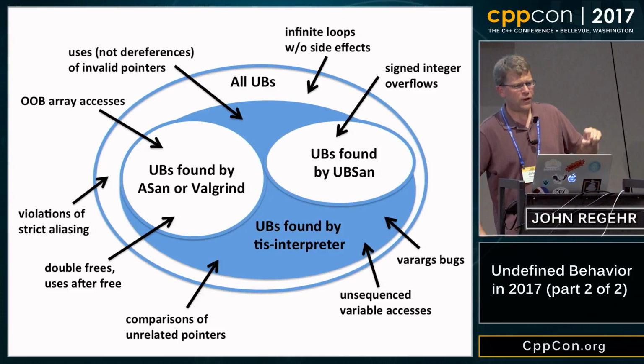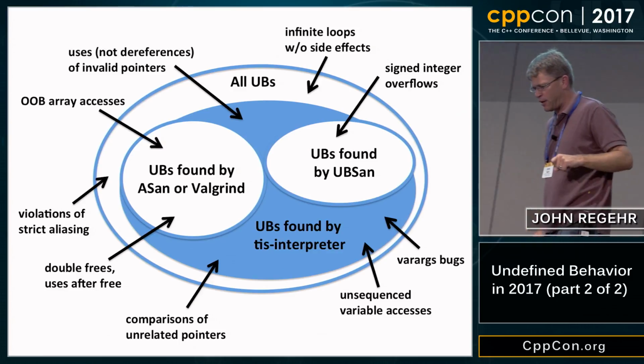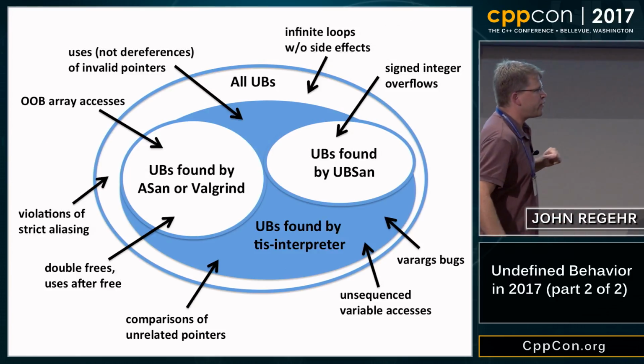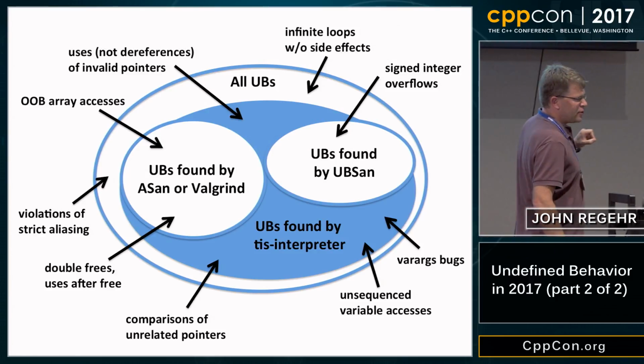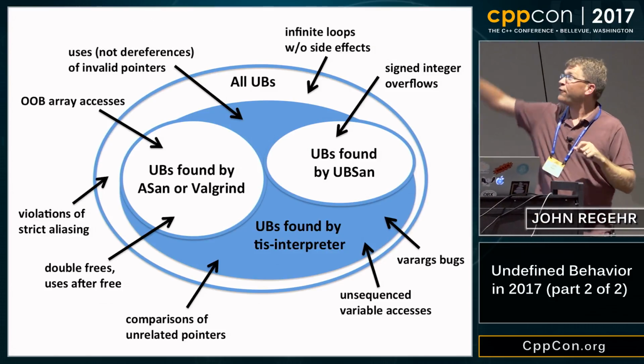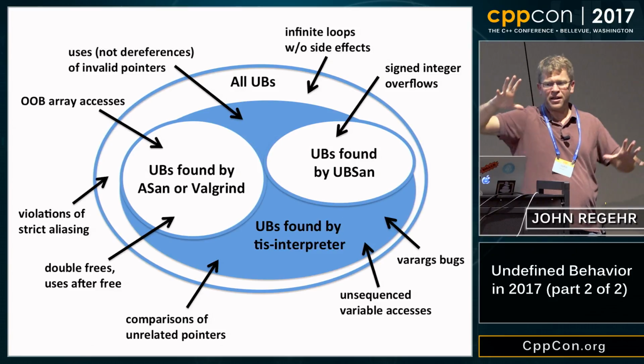And so I made this kind of figure to try to show the universe of dynamic checking tools, or at least one view of it. So there's this universe of undefined behaviors, and things like UBSan find one particular subset. Valgrind and AddressSanitizer find another subset.